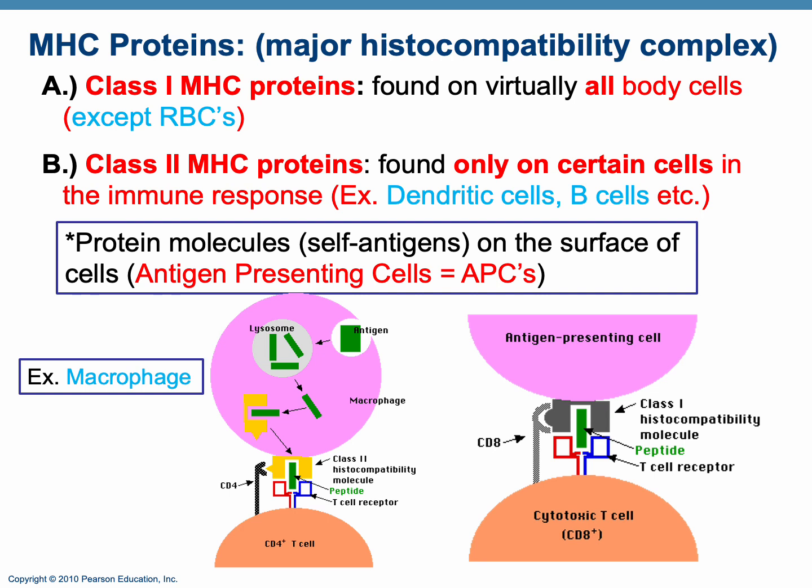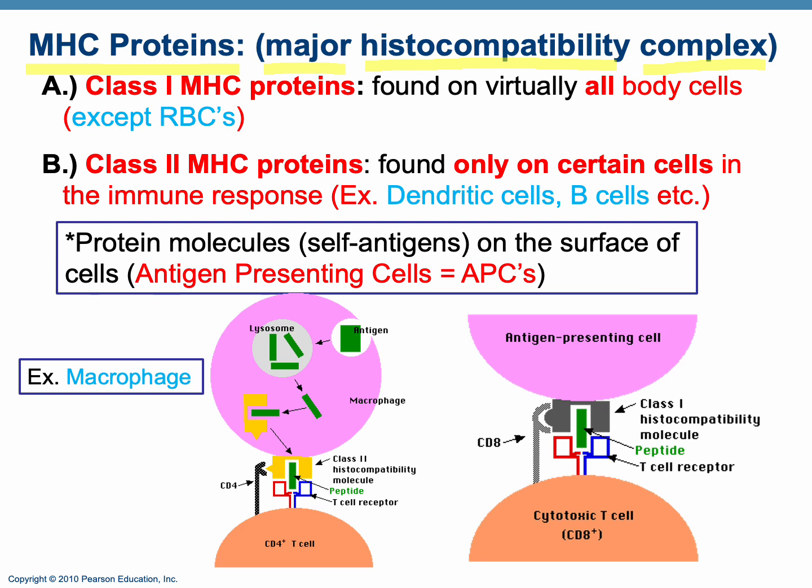Some more terminology to be familiar with. We look at these very unique proteins, which are called the MHC proteins. The abbreviation MHC stands for Major Histocompatibility Complex. And you're probably thinking, whoa, that sounds like a mouthful for sure.